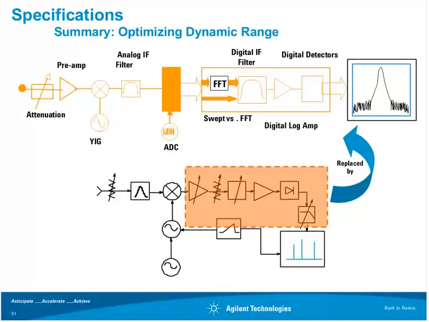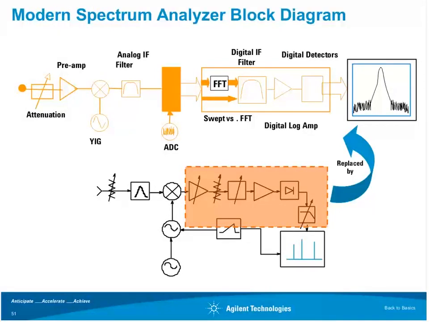So I'd say one of the biggest developments in the last decade has been the transformation of the architecture from being a fully analog architecture to one that has much more digital processing capability. So typically on the front end of the instrument, you'll still see things like the attenuator and preselector filter and LO and mixer. But very quickly, once you get to the IF, we now go through an A to D converter.